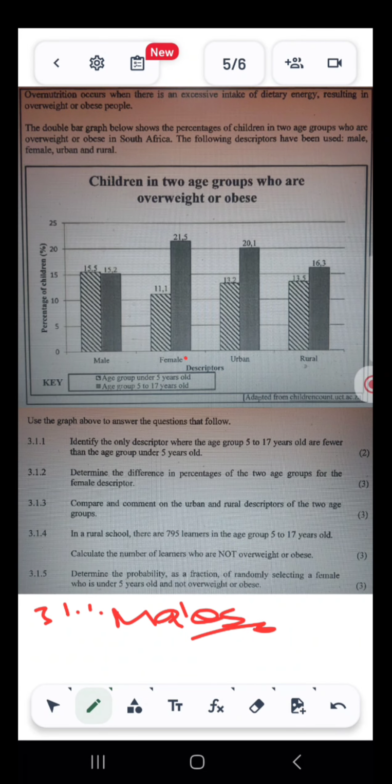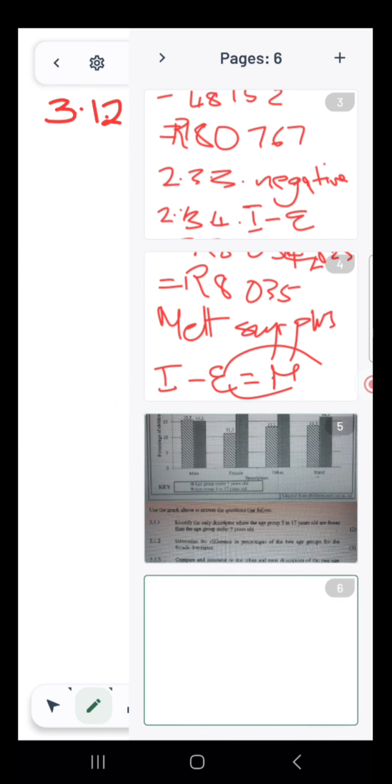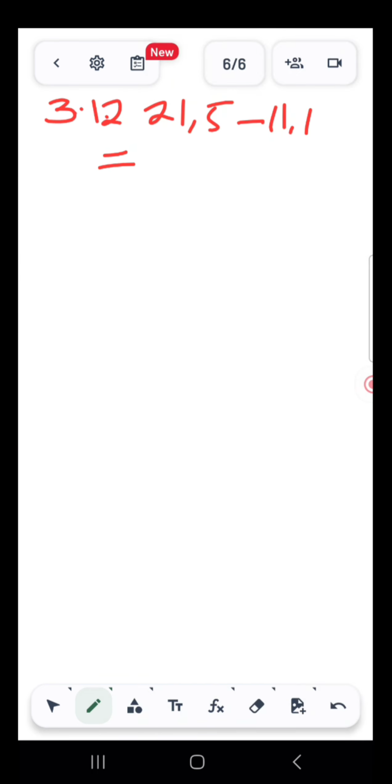So now a female, and then we minus this and this, right? They want the difference between those two. Okay, and then we do minus. Our answer gives us 10,4%. Remember, we are dealing with percentages, and I told you the answer must always have a percentage sign, right?